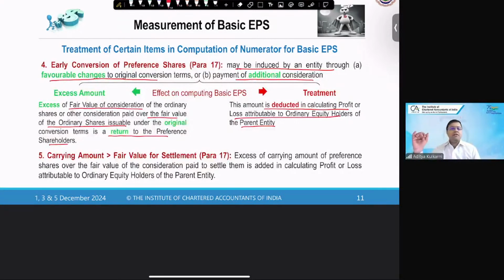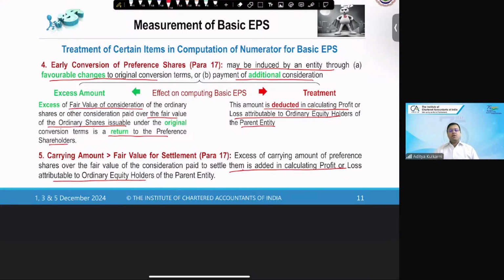Let it give a loss. Shareholders are supportive. They agree that, all right, we will step in. We will take the conversion terms even if it means a loss to us. So when they take the conversion at a loss, that loss also hits the retained earnings. So you will add back in calculating the profit or loss attributable to ordinary. Premium you deduct.